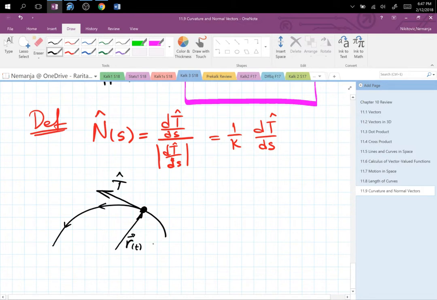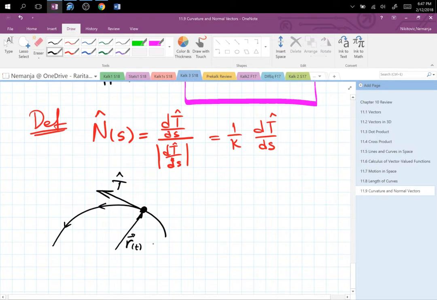And we know that the parametric set has the motion one way or the other, depending on which way t is going to progress. So the unit tangent vector is just going to give the direction in which the curve is going to progress.